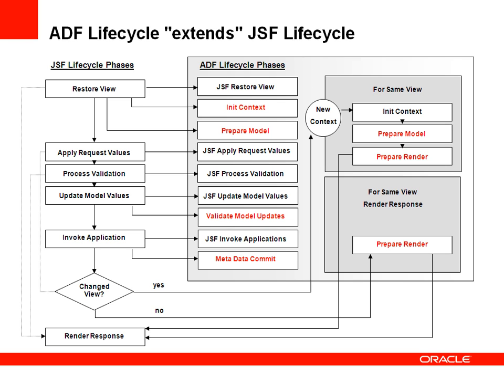There are specific ADF lifecycle events that help us to prepare the model and make the data available to query the business service so that you can work with ADF. And as you can see, bypassing some of these steps also has an impact on the ADF model. So if you bypass process validation and update model values, and go straight to invoke application, then nothing will happen on the binding layer because you've more or less bypassed it completely.